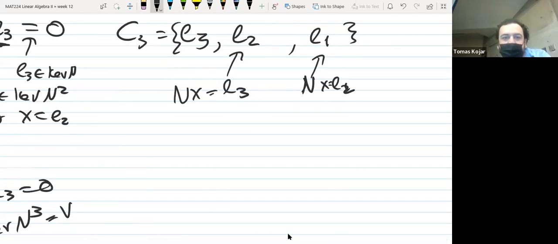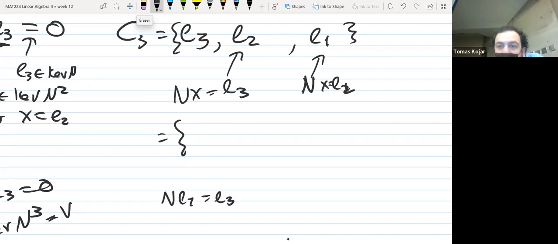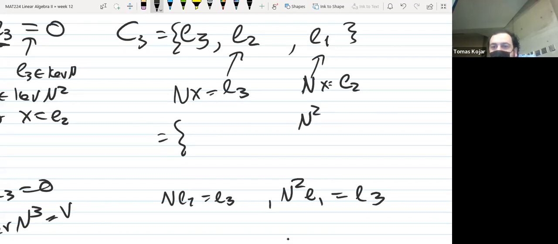Okay. Now let me get you the one that you want. I will have to write them backwards. I wrote them the wrong way. But so they will only be in terms of, I want to bring the N powers now. So N of E2 is E3, and N squared of E1 is E3, right? Because from here we have this.